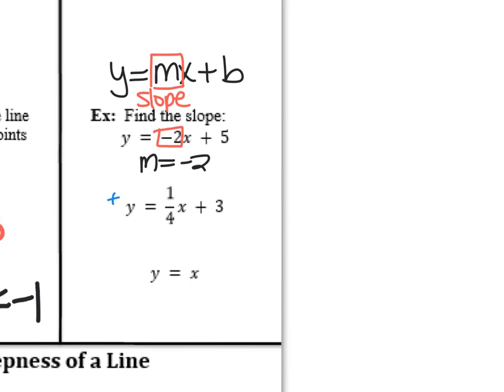Now if you're looking at the next one, you should see that you have a 1/4 in front of the x. Your slope is 1/4. The last one might look a little tricky, but how many x's do we see there? You should be able to know that there is a 1 in front of there, or that you see 1x. There's your slope right there. M equals 1.